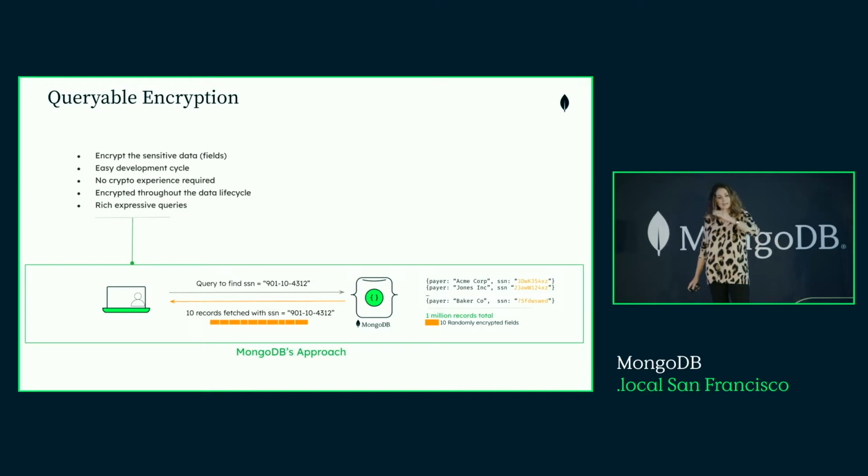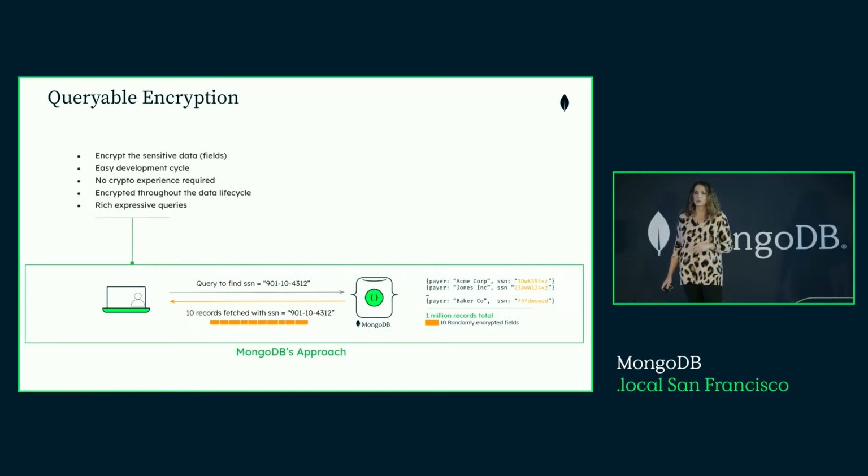That data gets sent to the server and you're still able to do rich expressive queries on that with no crypto experience. And what I mean by no crypto experience is that the query that you issue is exactly the same for unencrypted or encrypted data. There's actually a translation layer that will take your unencrypted query and rewrite it. So you don't have to worry about rewriting your application.